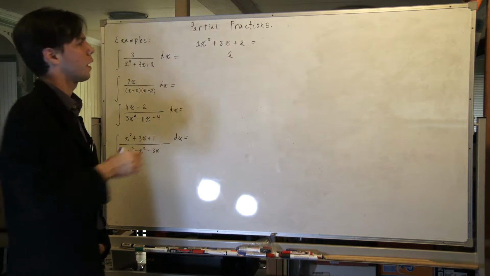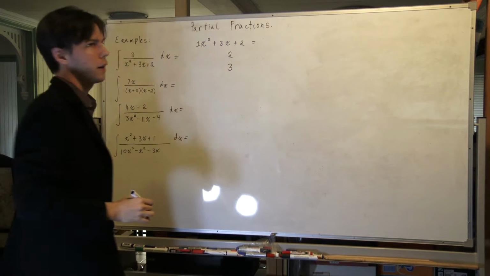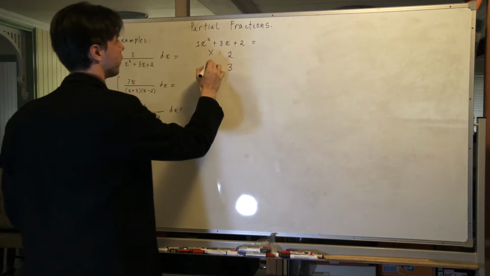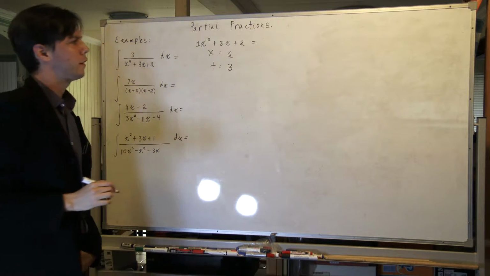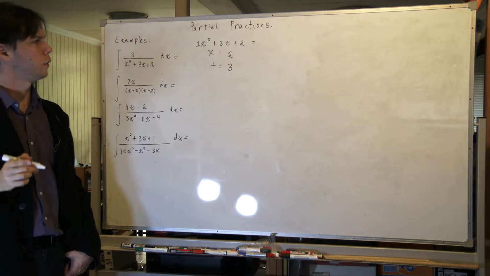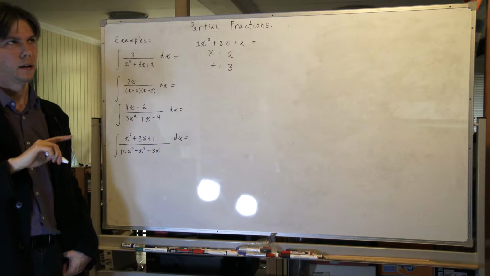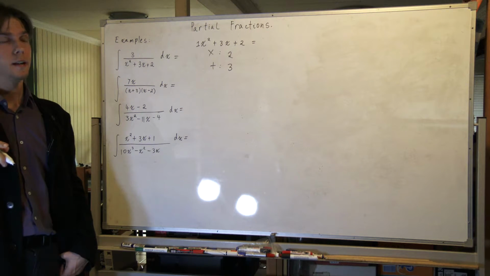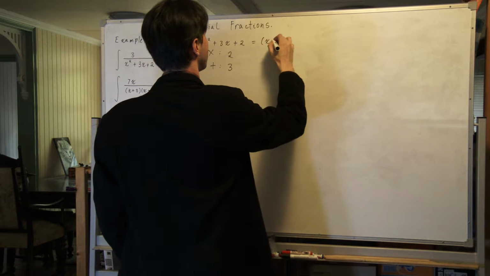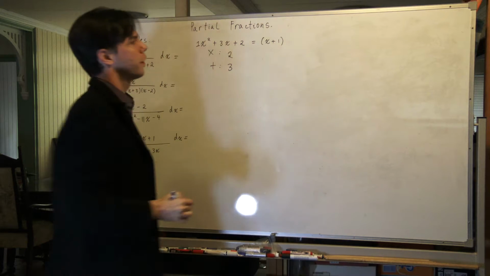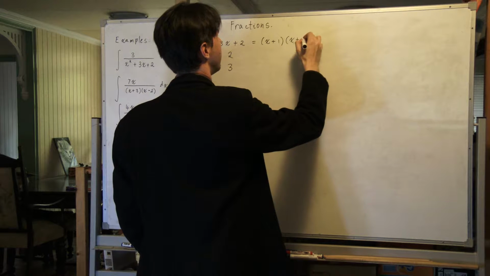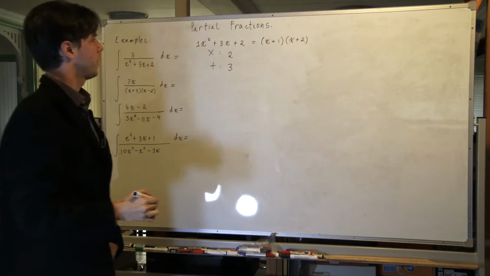And then we look at the middle number, which is 3, and I say I want two numbers that multiply together to give 2 and add together to give 3. Well, 1 times 2 is 2, and 1 plus 2 is 3. Those are my two numbers. So the factors I have are x plus 1 times x plus 2.